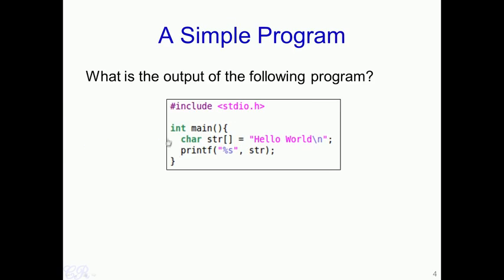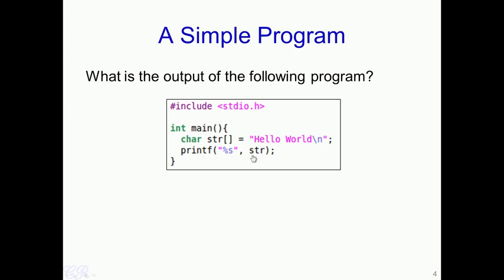Let us start with this very simple program. This is a program written in the C language, and essentially it is going to print the string hello world onto the monitor. The string hello world is stored in memory and it is pointed to by this pointer str.